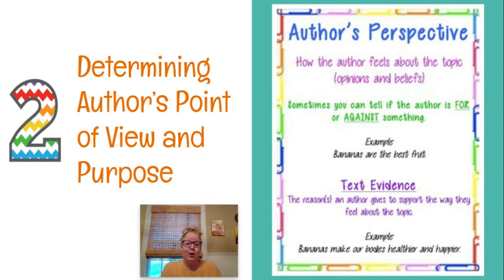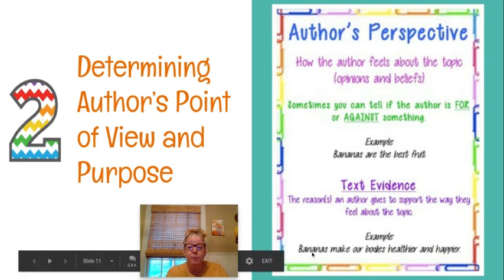Think back to when you read Keep Corn on the Cob, Not in My Car, right? We knew what that author's perspective or point of view was on turning corn into ethanol fuel. They did not think that that was a good idea. You can also sometimes look at text evidence, the reasons that an author gives to support the way they feel about the topic. So for example, the author may say, bananas make our bodies healthier and happier.